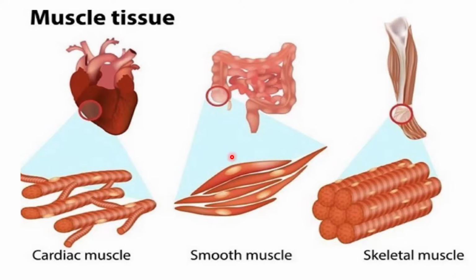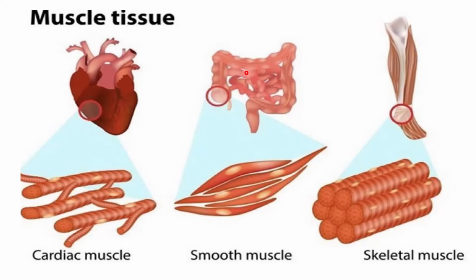The last muscle type is smooth muscle, which is found in various visceral organs. It's found in almost every part of the digestive system, apart from maybe the esophagus. From the middle third of the esophagus up to the proximal part of the anus, you have smooth muscles.